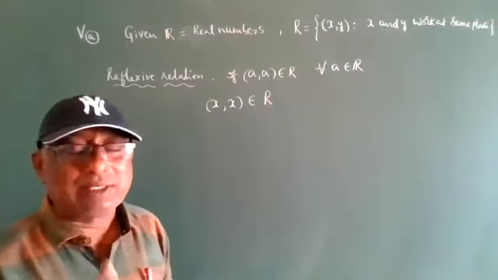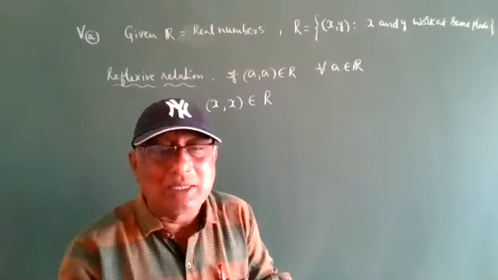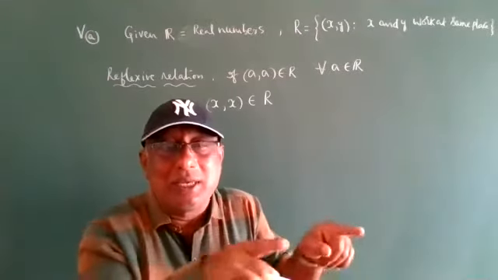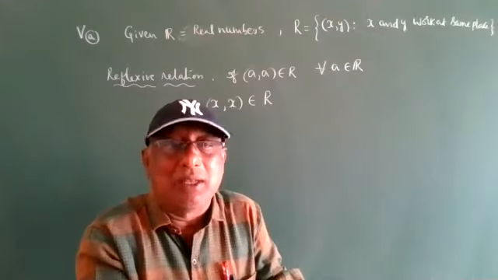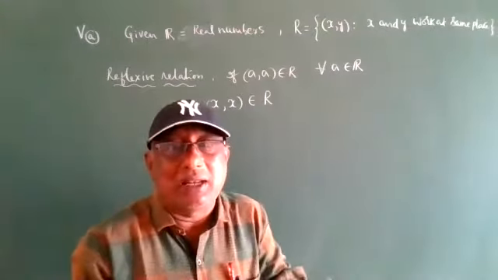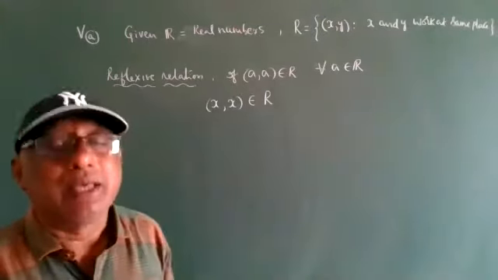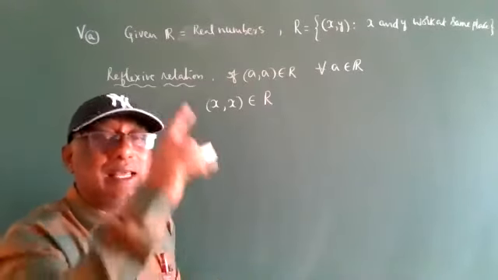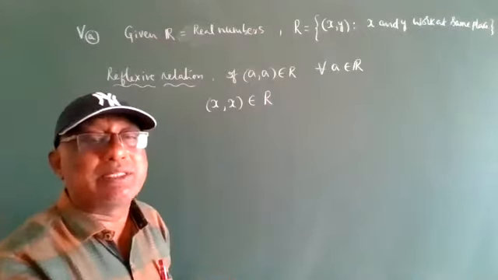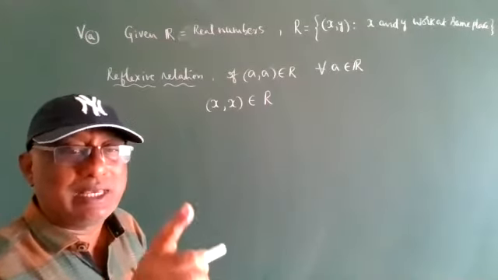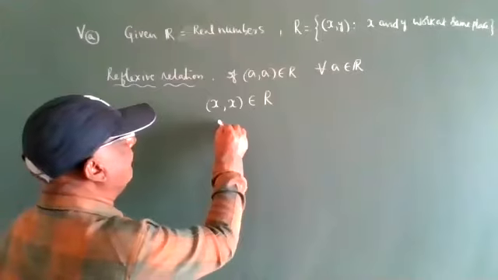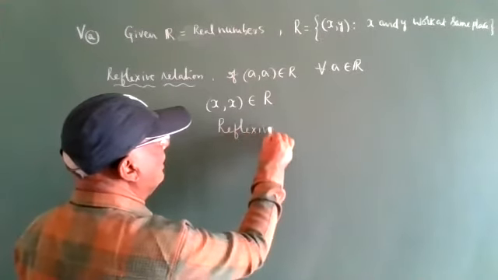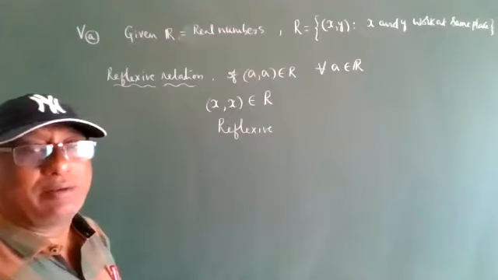Every person sitting in the same place means himself also sits in the same place. If he is sitting in the chair, he himself is also sitting in the chair. That logic can be observed: (x, x) belongs to R, where x is the person sitting in the same place as himself.